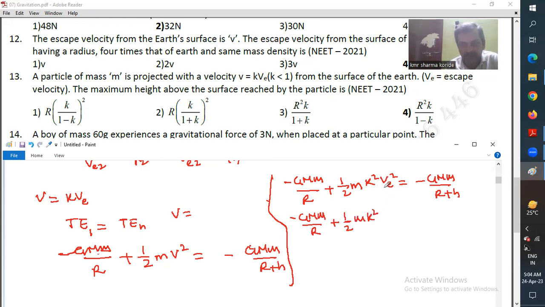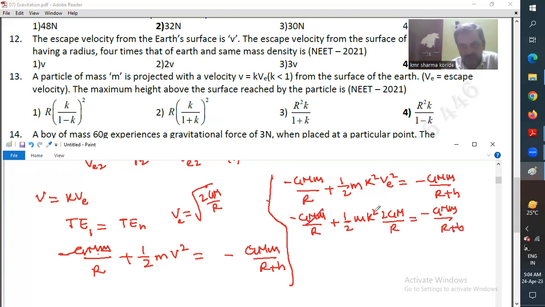Get back the escape velocity equation. The escape velocity equation is root of 2GM by R. So when you square it, the root gets cancelled. So it will be 2GM by R is equal to minus GMm by R plus h.